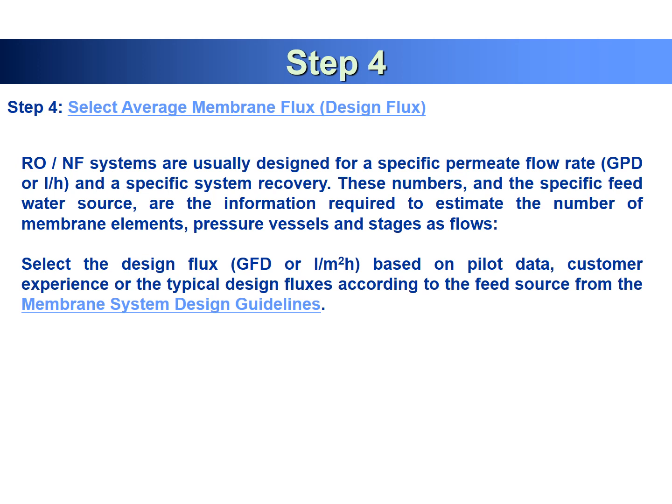And then we can select the design flux in terms of LMH based on the pilot data and customer experience, or the typical design fluxes according to the feed source from membrane system design guideline.